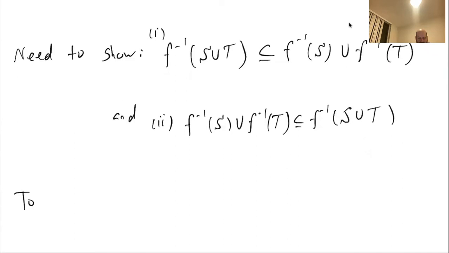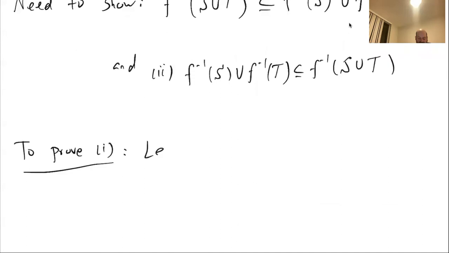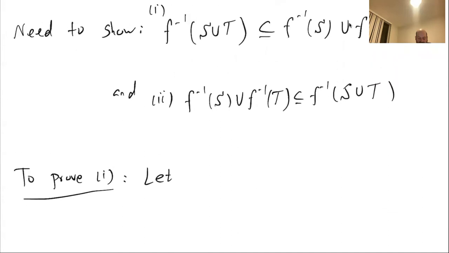Now to prove 1, how can I show that one set is a subset of another one? We have to take an element in the first set and show that that element must be in the second set. So let a be inside f inverse of S union T. Then what can I say?